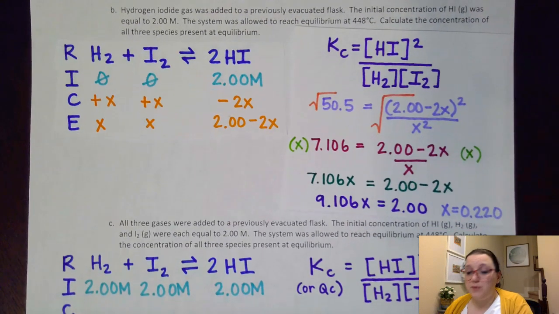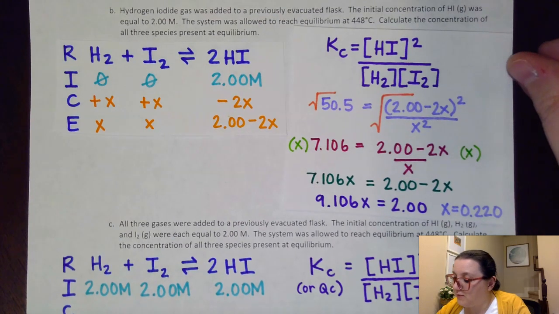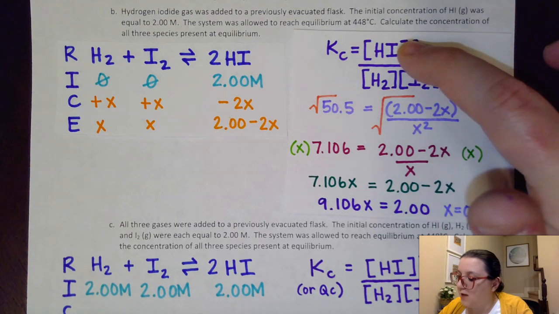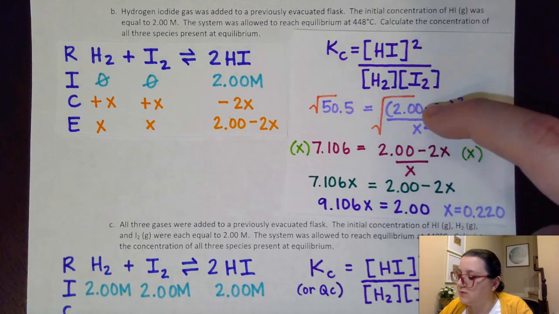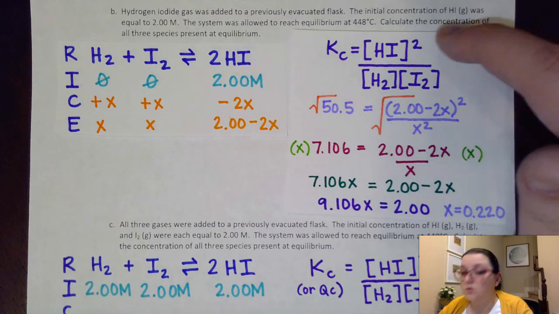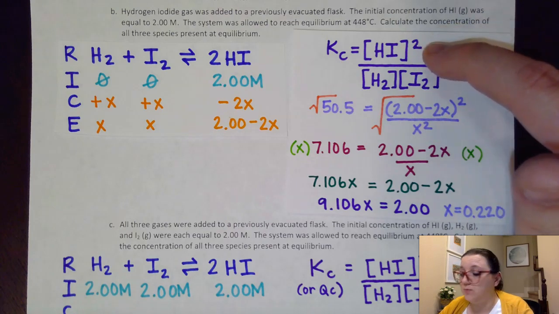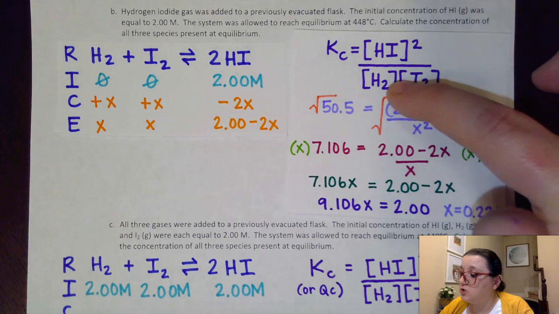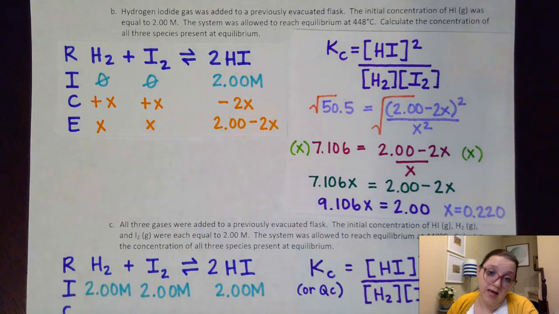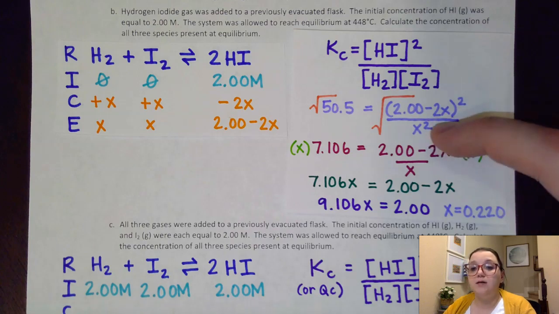To see what's happening here, I plugged in my 50.5 for Kc here in purple. My HI, we said that was 2.00 minus 2x, and that would get squared because it was squared up here in my equilibrium expression. The H2 and I2 were both x and x. X times x would simply be x squared.